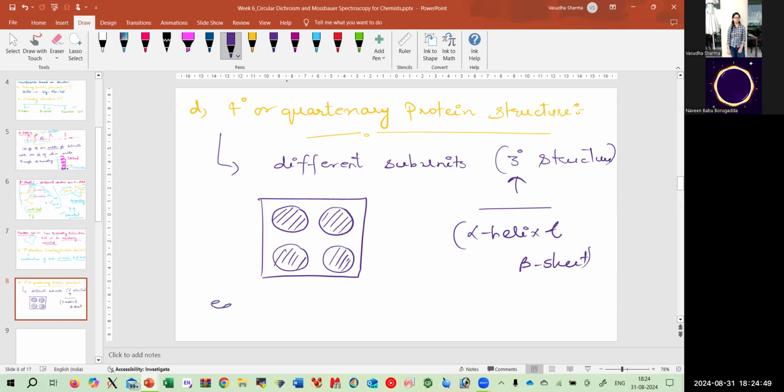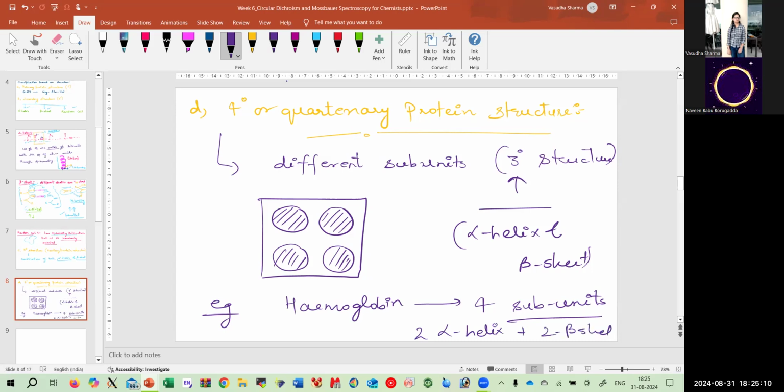And we know that tertiary structures are nothing but a combination of alpha helix and beta sheet. So, for example, if we consider hemoglobin, hemoglobin is a quaternary protein structure which has four subunits, and those subunits comprise two alpha helices plus two beta sheets. Here, the pink shaded one is the beta sheet, and the blue shaded one is our alpha helix.